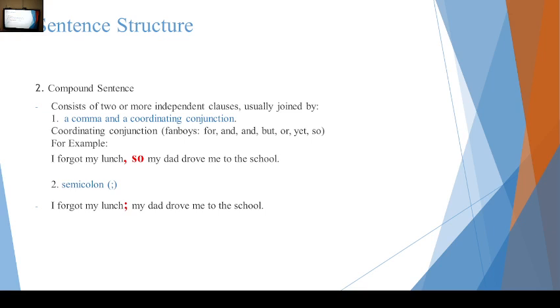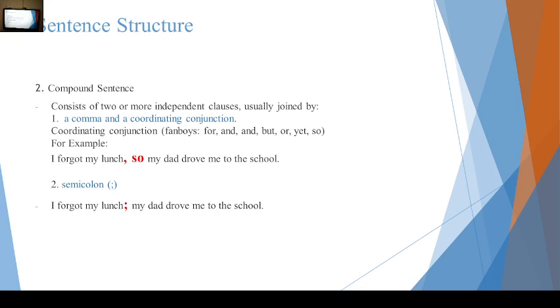Here you have two independent clauses. The first independent clause is, I forgot my lunch. The second independent clause is, my dad drove me to the school. And these two independent clauses are joined together by a coordinating conjunction, so, and of course a comma before it.